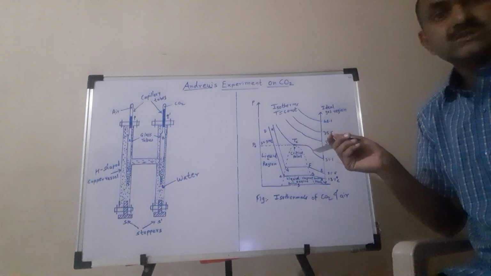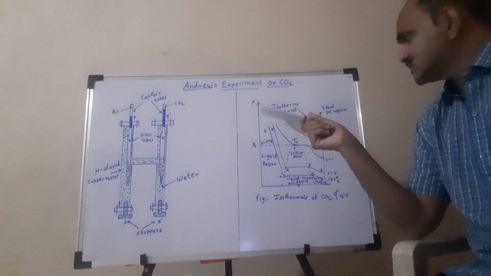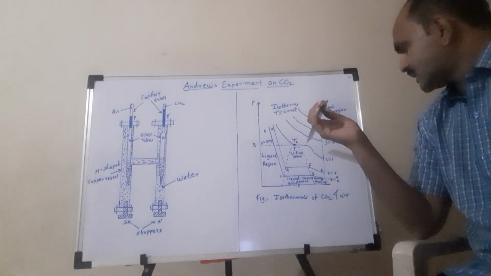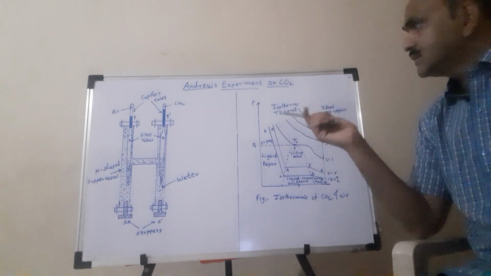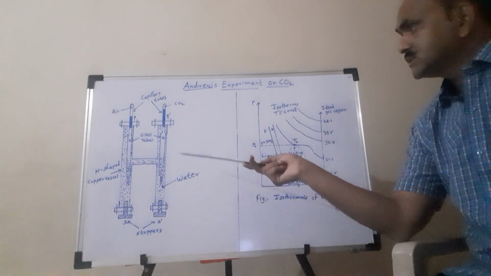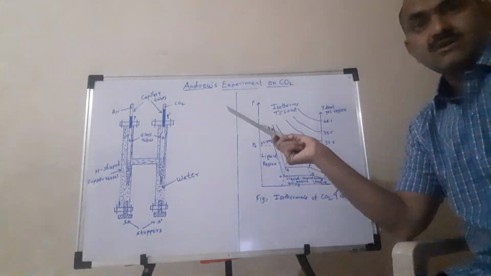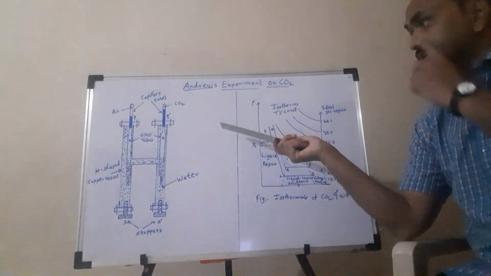So these are the isothermals of carbon dioxide CO2 and air, and this is the construction of the Andrews experiment on CO2.